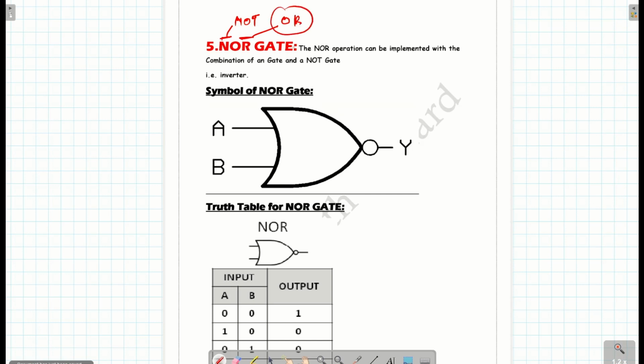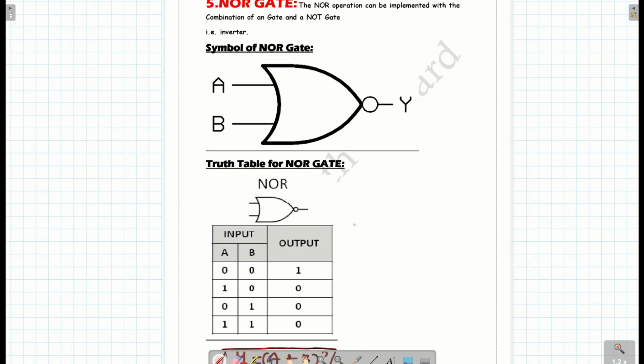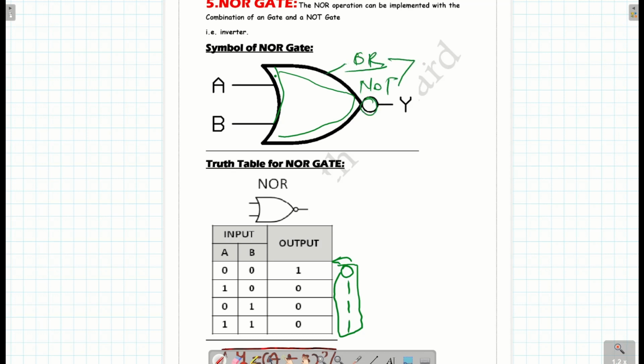And we can say that this NOR gate is basically the inverse of OR gate, because in the OR gate truth table we get what? We get here 0 1 1 1, and when we take the inverse of this, invert this, then we get this. So simply here is our symbol of OR gate and this is NOT gate. NOT and OR, and we say this NOR gate.